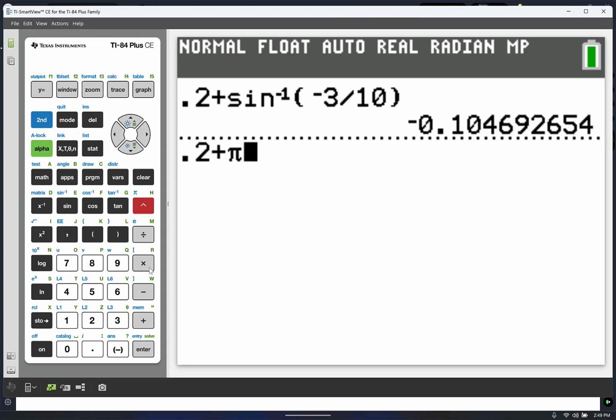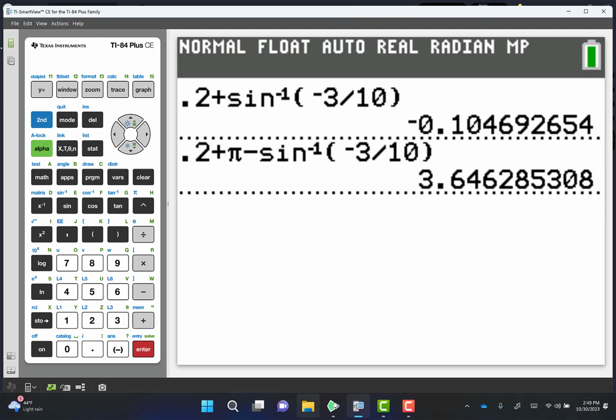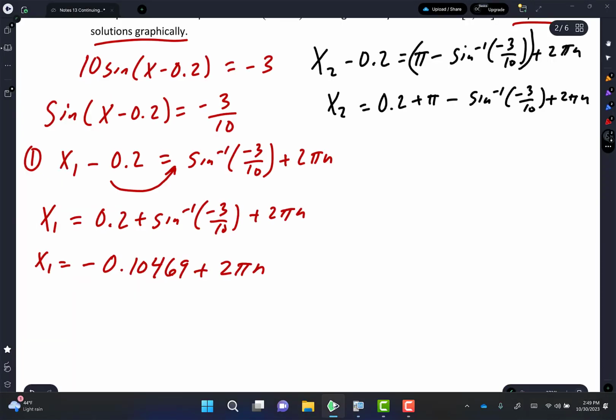The pi is where the caret symbol is at. Minus arc sine of negative 3/10. I know I could have done minus the top, but I always want to make sure, I would just do that. Enter. And 3.646285. x2 equals 3.646285. Make sure that's correct.